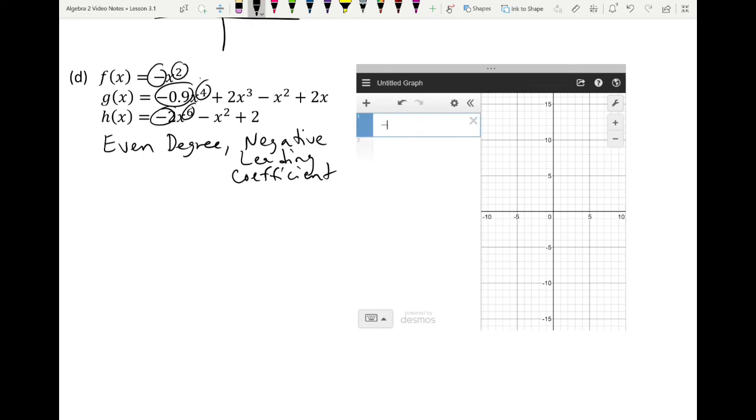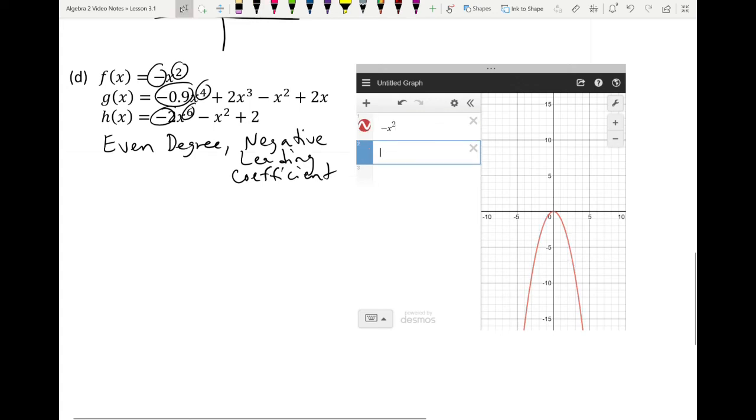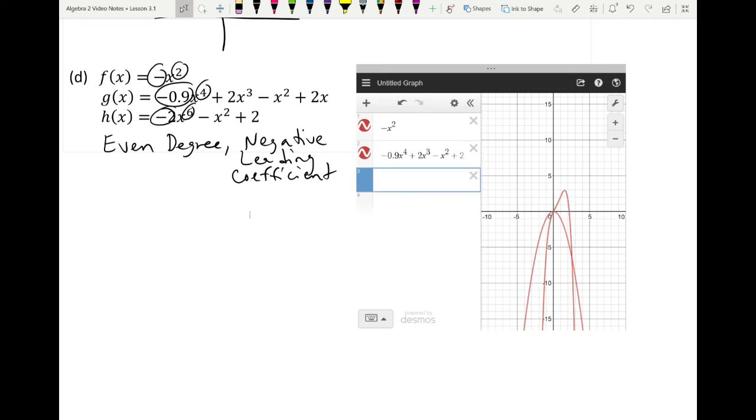Since x squared is a parabola and it's negative, we know it goes down, concave down. Now for the next one, it should also have that same pattern where it's going down. And indeed it is. Now let's look at the last one.